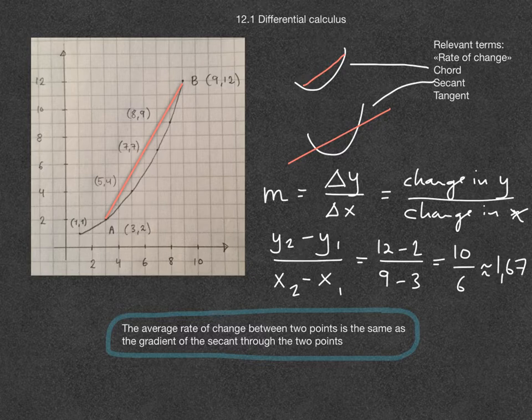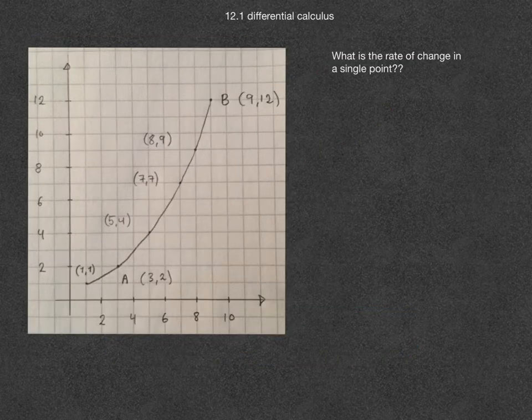Now, what is the rate of change in a single point? That is going to be our next point. So the rate of change in a single point. Now this may seem like a strange question. What is the rate of change in a single point?